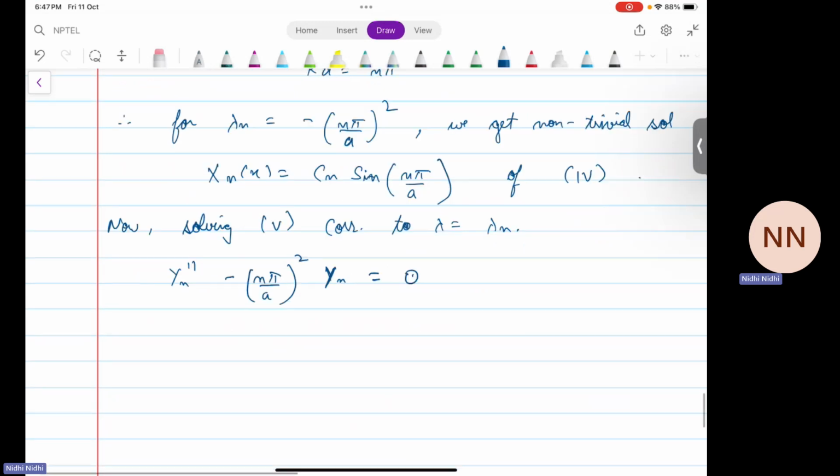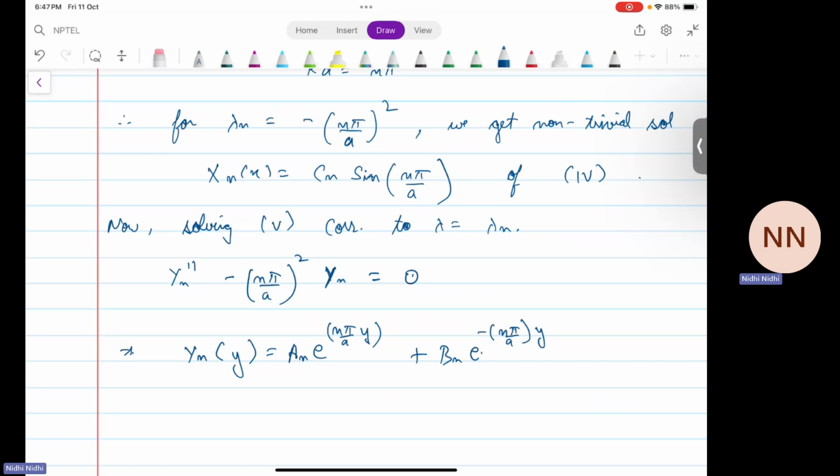And from here we will get Y_n(y) is equal to a_n times e to the power n pi by a y plus b_n times e to the power minus n pi by a y.